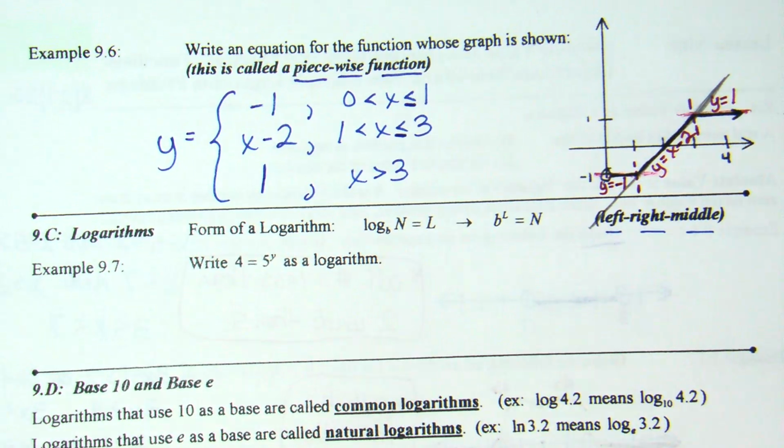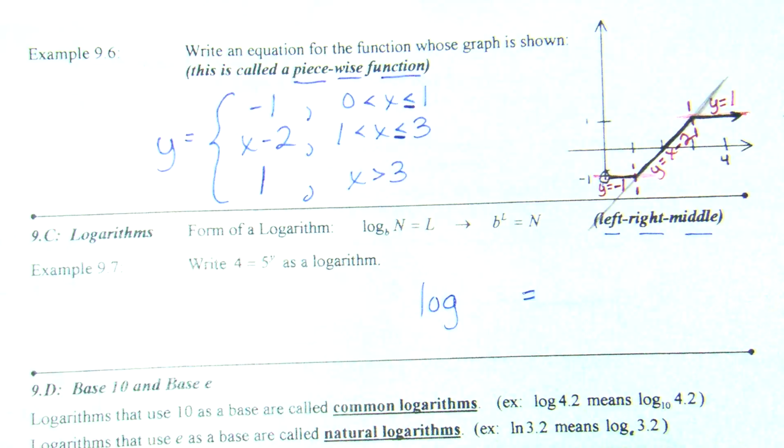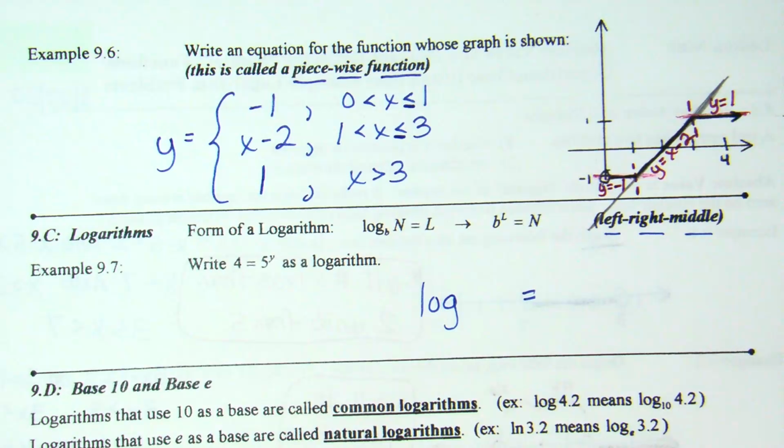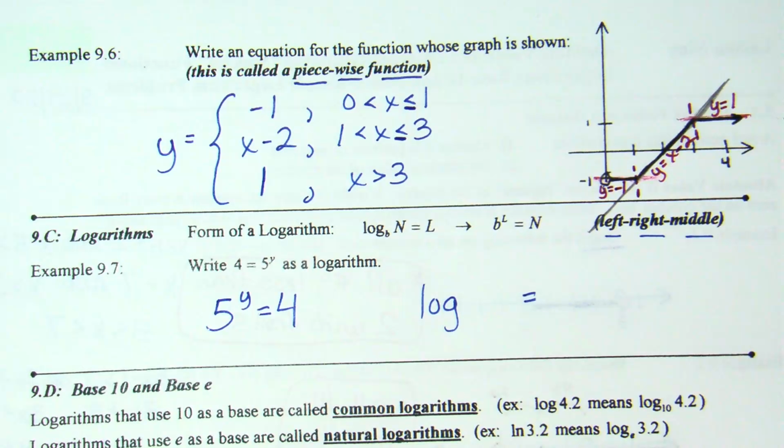So write 4 equals 5 to the y as a log. Meaning I want log base something of something equals something. Now, if you're struggling, could you reverse the given statement? And if you don't need to, don't bother, ignore me then. But if it works better for you, you can reverse it and put the power on the left there.